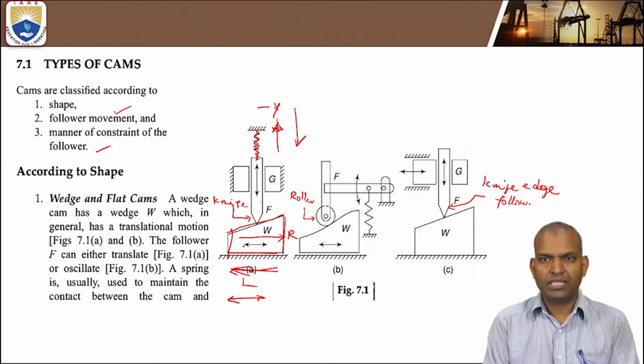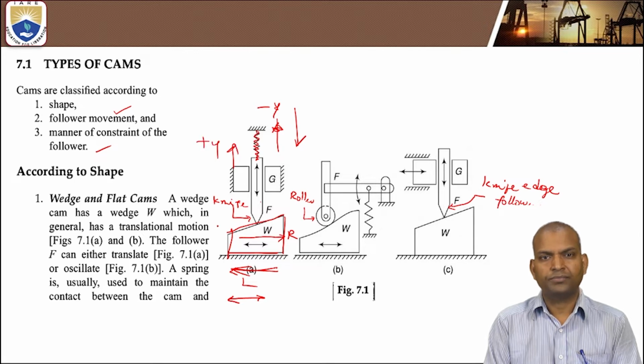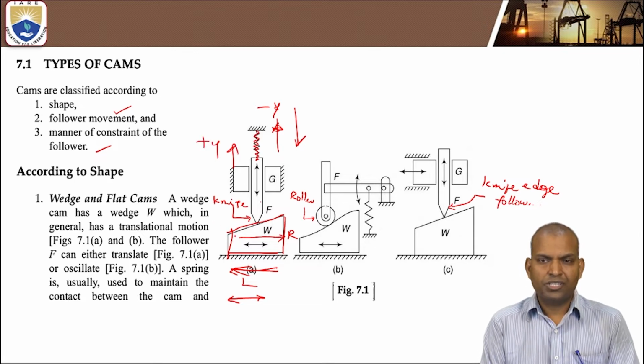When the wedge is moving towards the left, the follower will go down. Okay, no, let me correct: when the wedge is moving towards the right, the follower goes down, in the negative y direction, downwards. When the wedge is moving towards the left, the follower will be in the positive y direction.